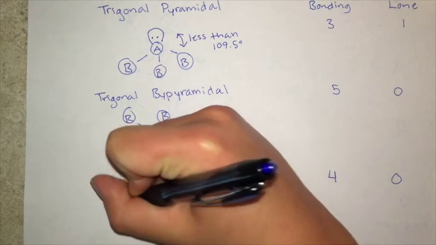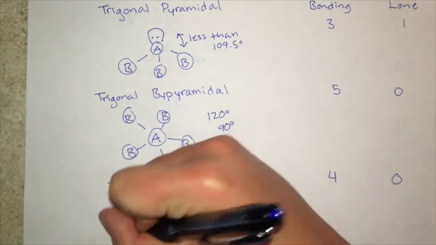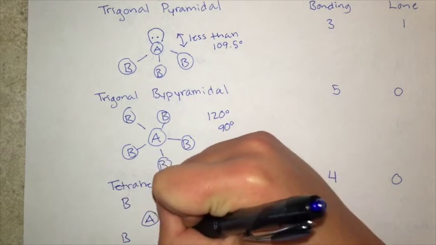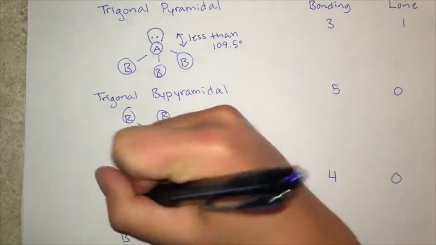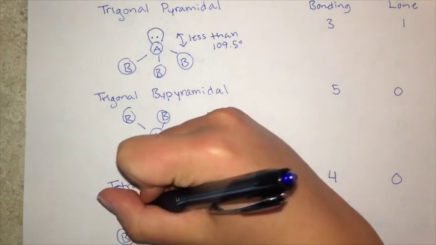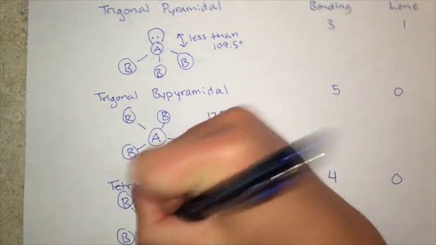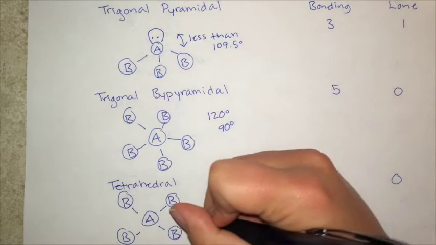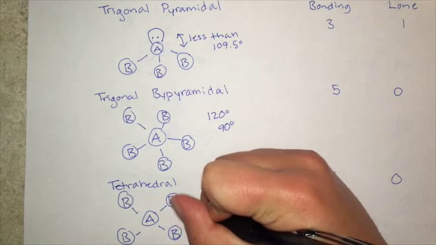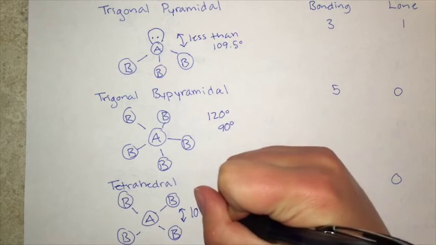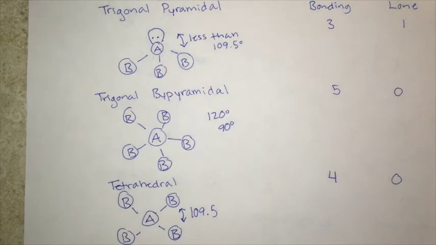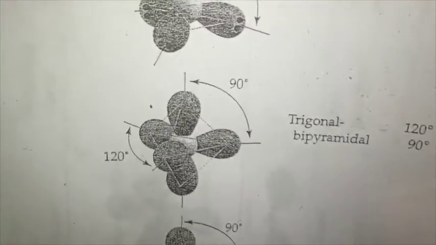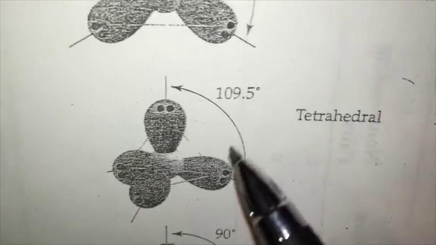You just have A, 1, 2, 3, 4. And then we're going to connect these. That's your tetrahedral, and the angle between these is going to be 109.5. So this is what a tetrahedral looks like.